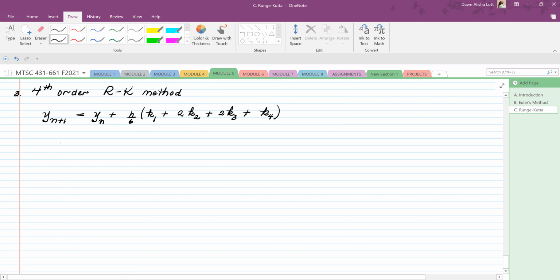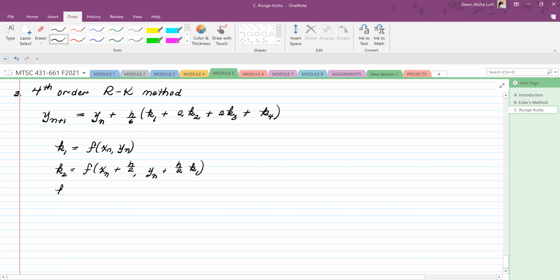And so K1 is f of xn, yn. K2 is f of xn plus h over 2, yn plus h over 2 times k1.